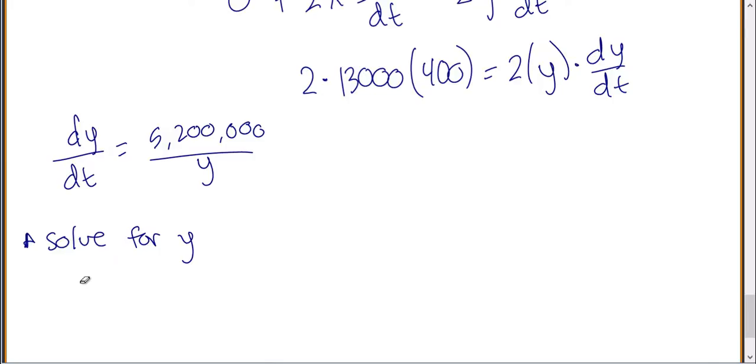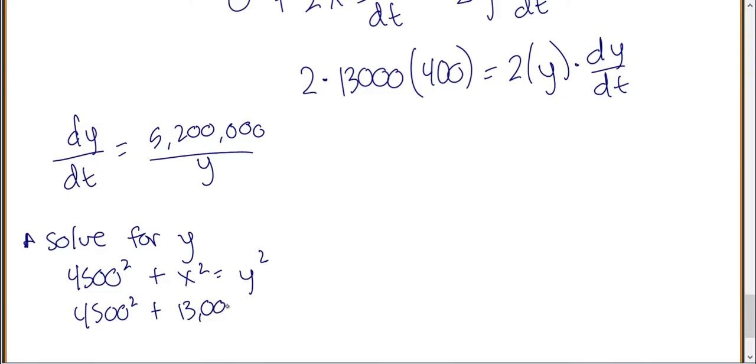So 4,500 squared plus x squared equals y squared, or 4,500 squared plus 13,000 squared, because we know that's x, equals y squared. So y should equal 13,757.